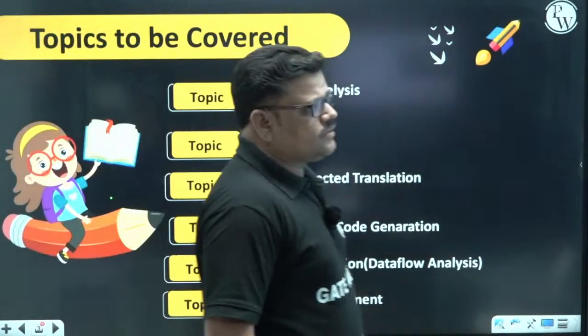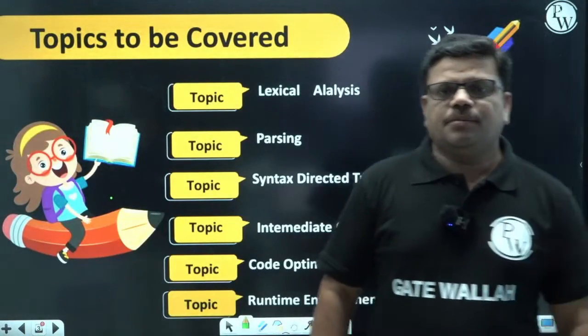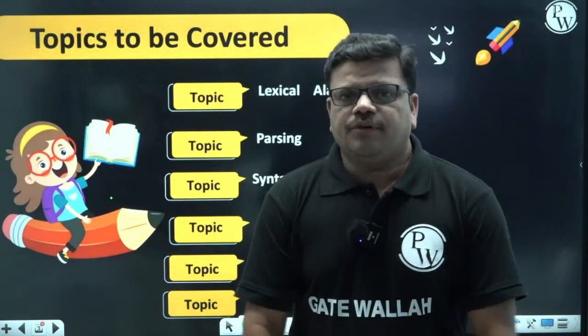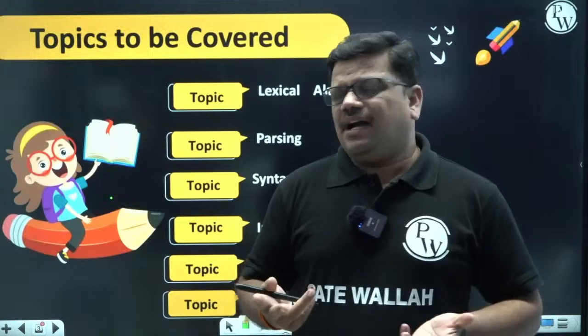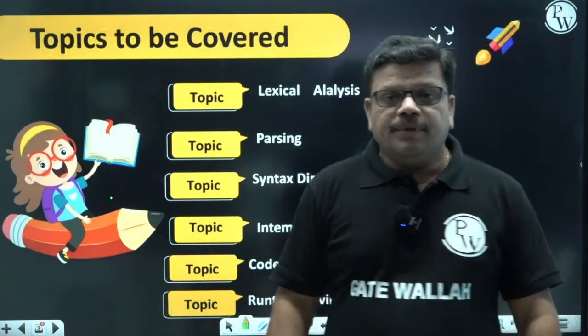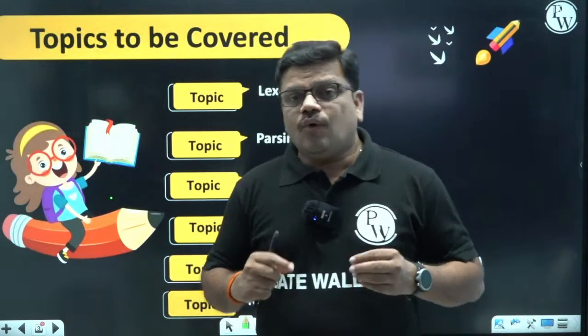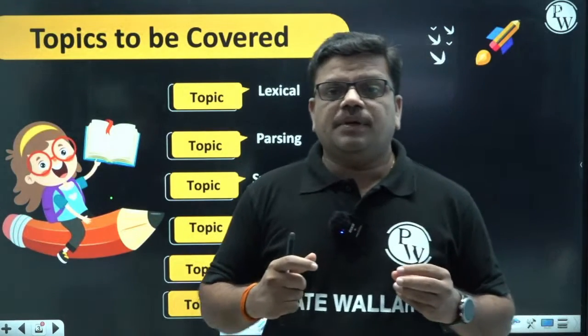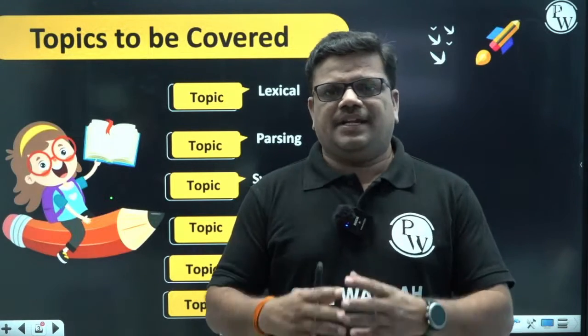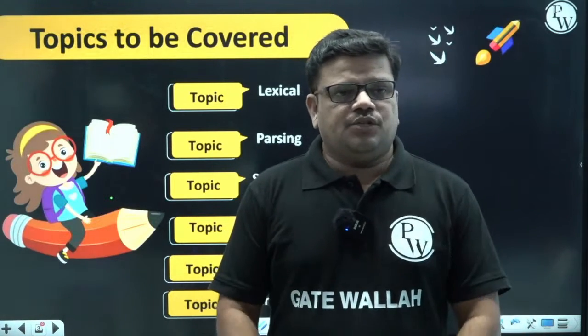These are the topics we are going to discuss here from compiler design. From a GATE point of view, I'll come to the individual weightage also, but before that, what is the weightage of this subject for the GATE exam? The GATE notification has already come and applications are open; I think many students are applying.